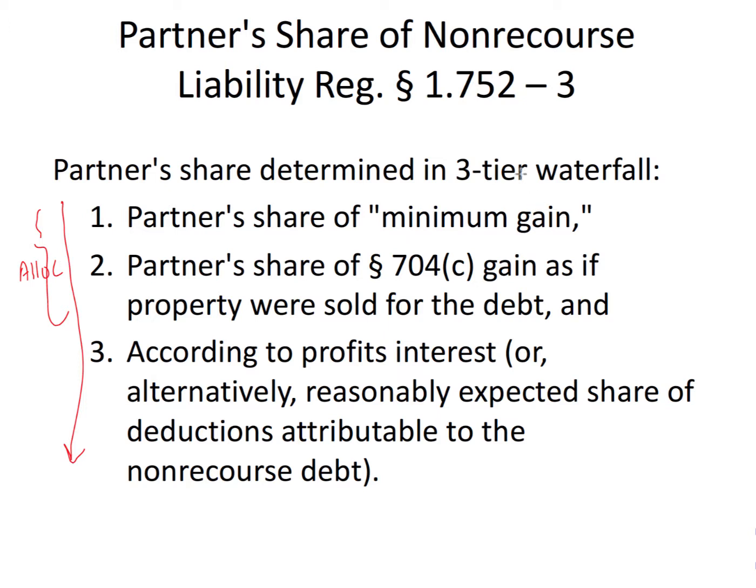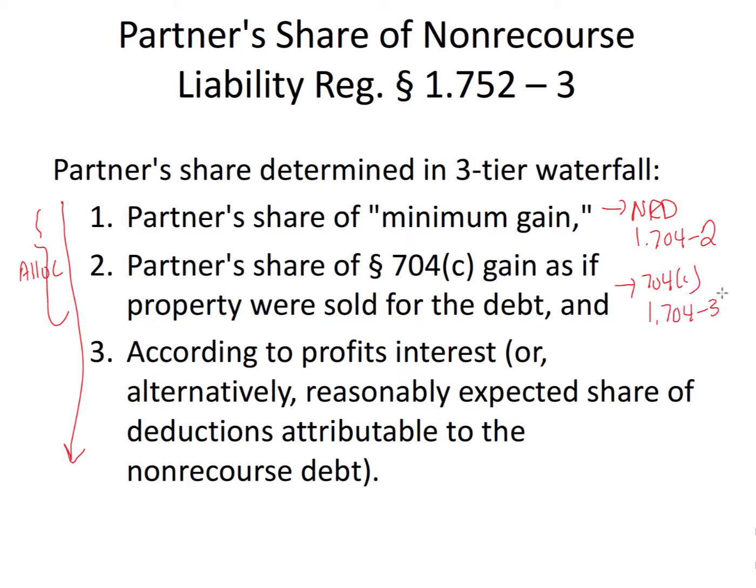First, we allocate the non-recourse liability based on the partnership minimum gain. This comes from the NRD rules, Reg 1.704-2. Next, we allocate based on Section 704(c) gain as if the property were sold for the debt. That comes from the 704(c) rules, which is Reg 1.704-3.